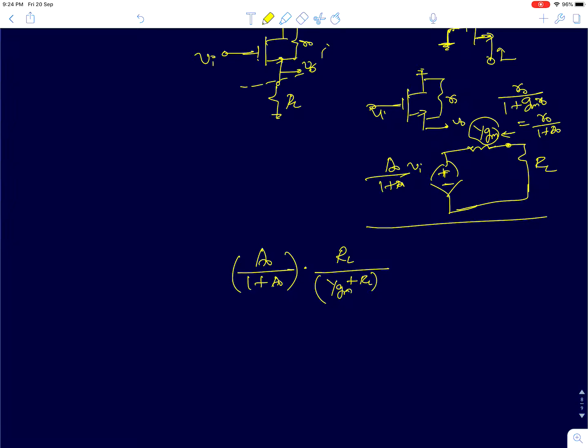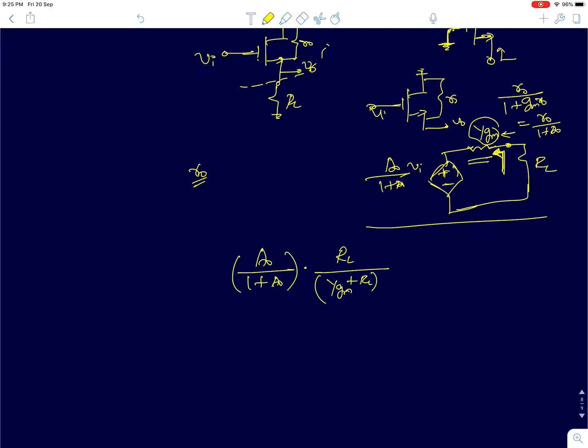Okay, so now if you look at it, the output resistance has reduced and is actually much lower, which is 1 by Gm for a common drain amplifier, whereas for a common source amplifier the output resistance was R0, which is very high. Okay, so this common drain amplifier actually behaves like a true voltage amplifier because your output resistance should be as low as possible for a voltage amplifier.